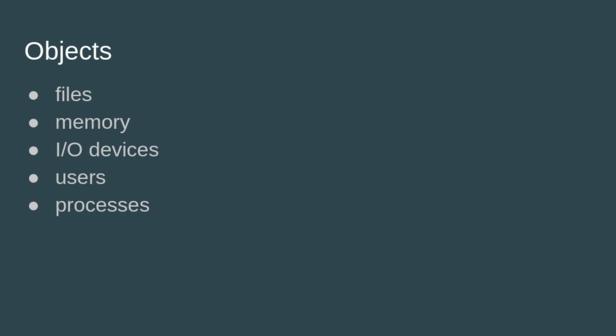Objects include I/O devices. These can be communication ports, system clocks, network nodes, the keyboard, the screen. And also objects include users and processes. All subjects are objects. That is, access to a process, for example, may be controlled. The process or user is a resource to be protected.